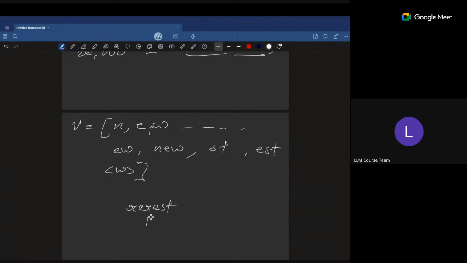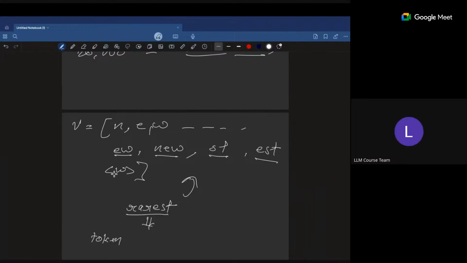Now if I want to tokenize this, how will I do it? Firstly, I will look at whether the word is present in the vocab or not. If it is not present, I will look at the merge operations. Initially, at the first merge EW was merged, at the second step NEW was merged, at the third step ST was merged, then EST was merged, and so on.